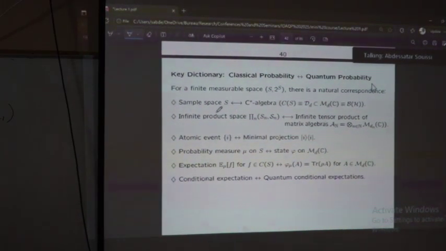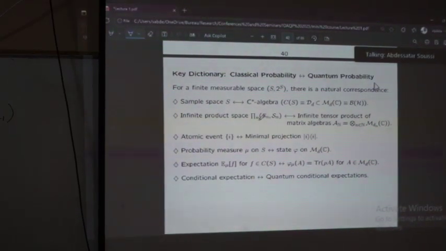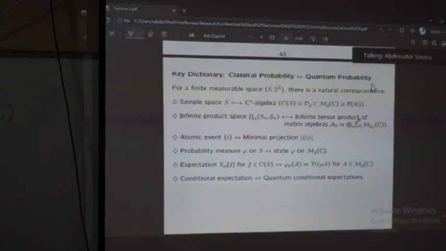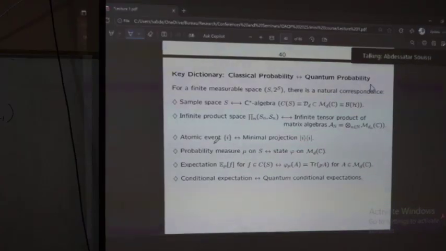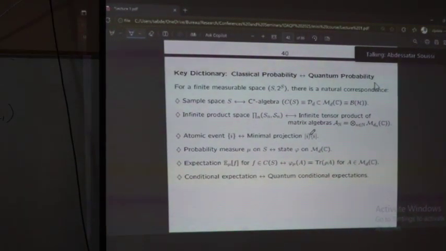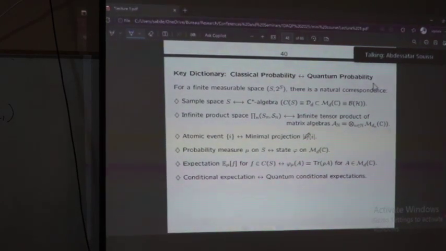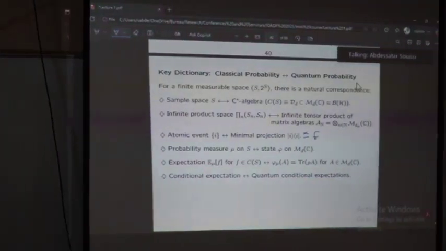The infinite measure product is replaced by the infinite tensor product in matrix algebras. And for an atomic event, we consider the minimal projection, which is written here, the same as the one I defined before.